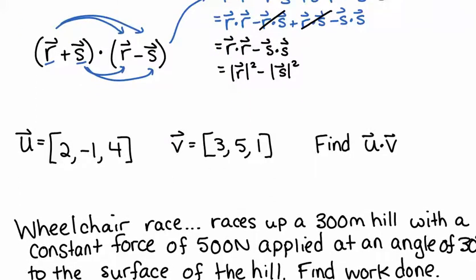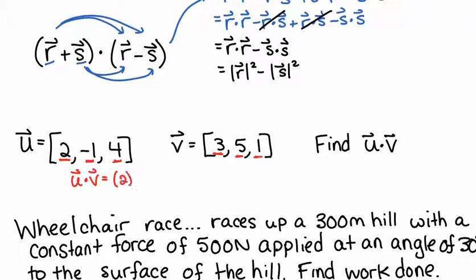Okay, next question. I've got two algebraic vectors in three space, and I want to find the dot product. If you recall the dot product, we multiply the x coordinates together, then add the product of the y coordinates, and then add the product of the z coordinates. If I want to do u dot v, I'm producing a scalar quantity, not a vector.